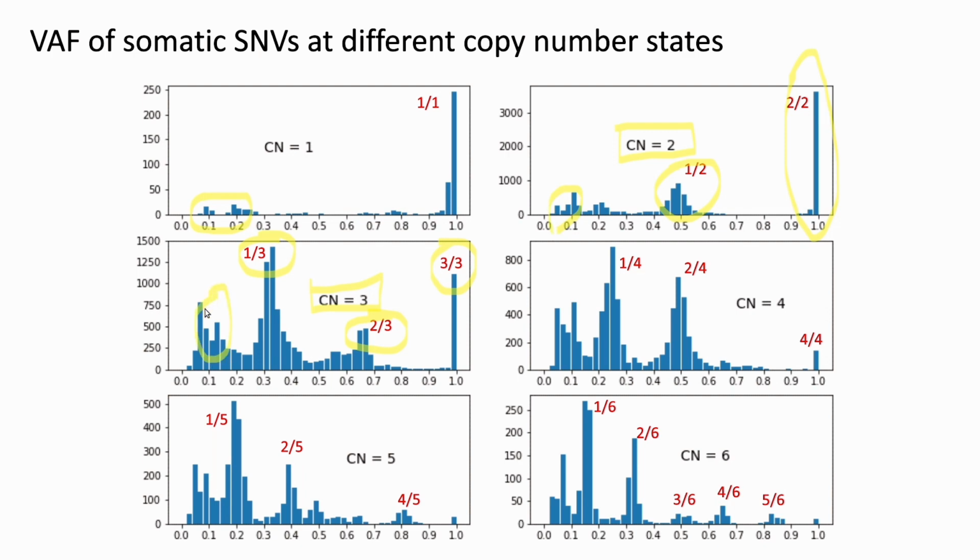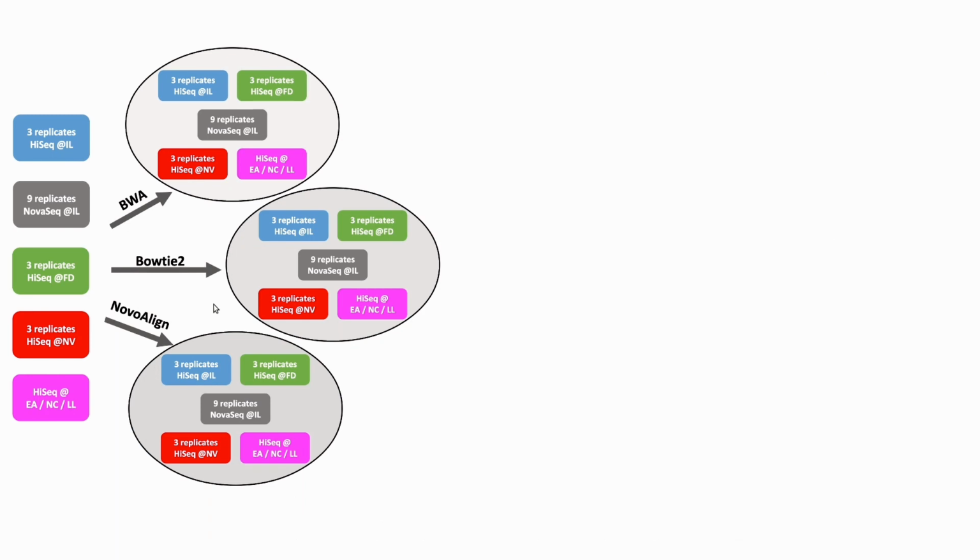This is the bioinformatic workflow we have used to establish the high-confidence somatic mutation reference call set. First, we started with 21 whole genome sequencing replicates from 6 different sequencing centers. Each of these 21 sequencing replicates was aligned with 3 different aligners to create 63 tumor normal BAM files.